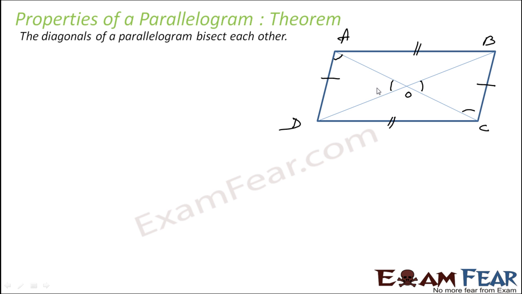So let's compare these two triangles, that is triangle ADO and triangle CBO. O is common, AD and CB.